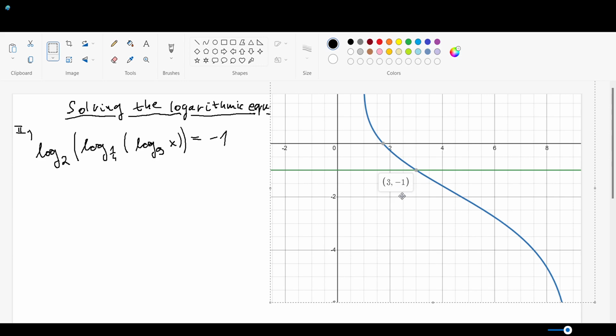The intersection is at x being equal to 3. Okay, so this is the graphical representation of this logarithmic equation. Now let's solve this algebraically.